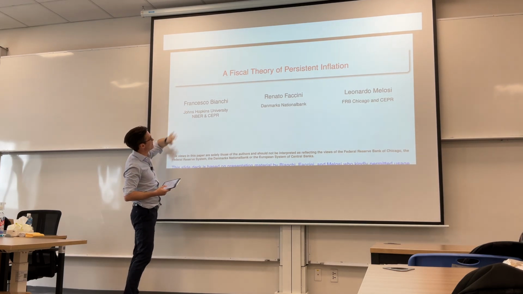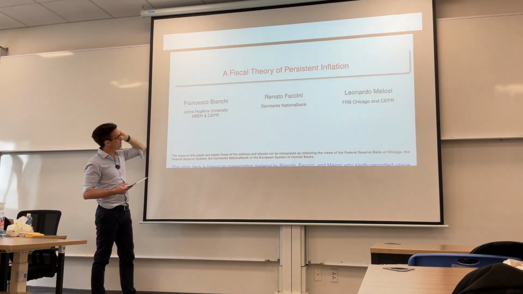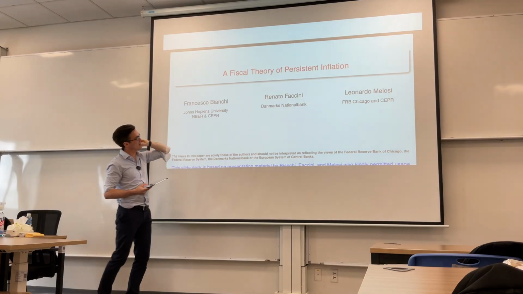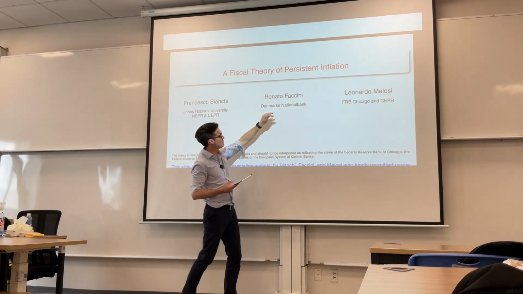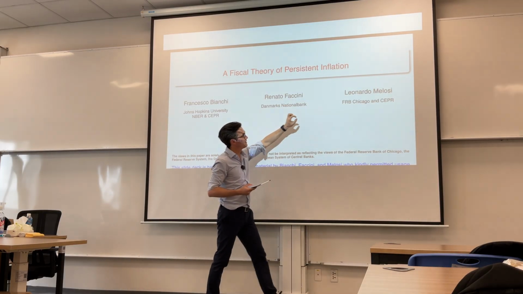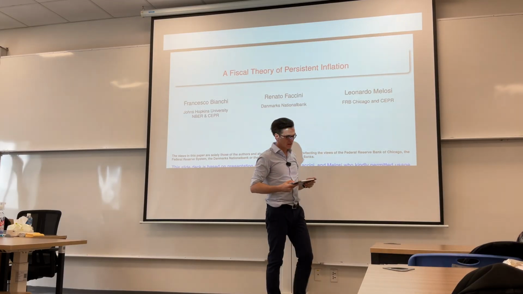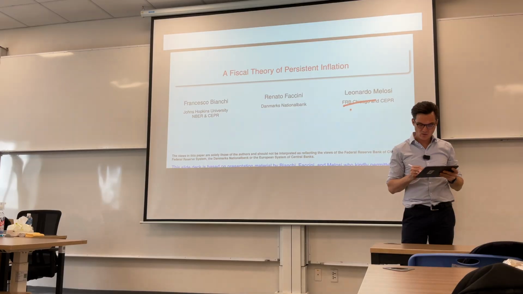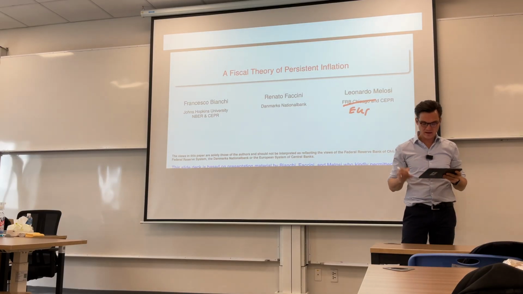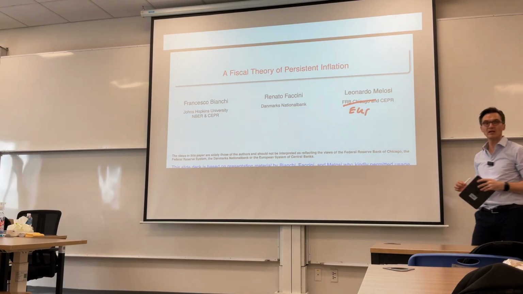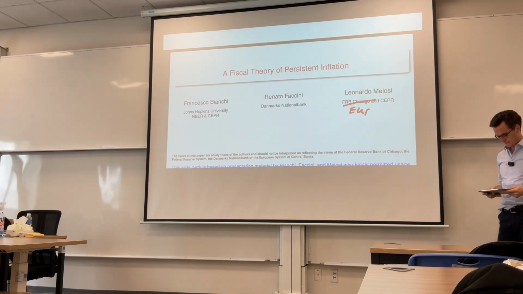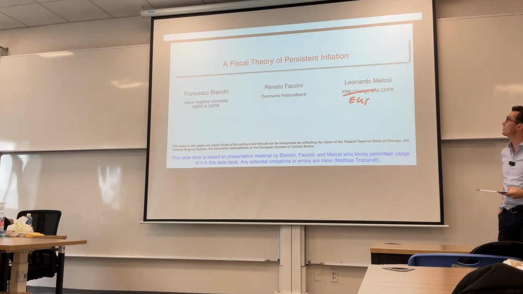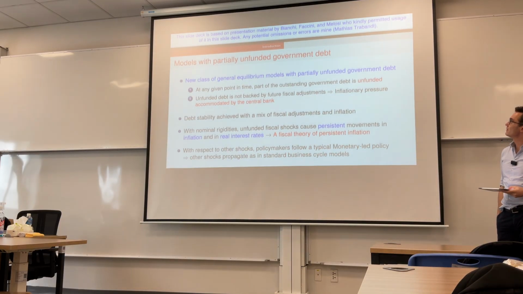It's by Francesco Bianchi, who is at Johns Hopkins in the US, and then there's Renato Faccini from the research department of the Danish Central Bank, and then there is Leonardo Melosi. He used to be at the Federal Reserve Bank of Chicago, but he is now at the EUI in Florence. So he's back in Europe at the European University Institute in Florence. And they've written this wonderful paper that we're going to study.